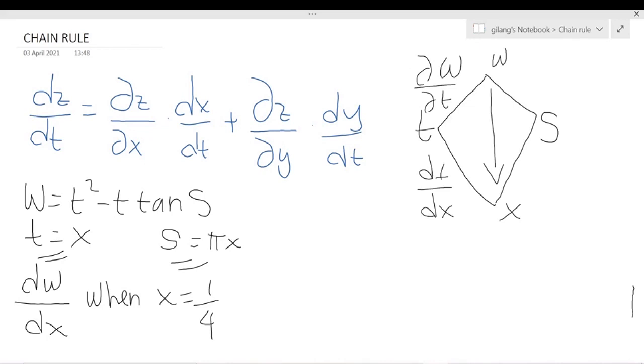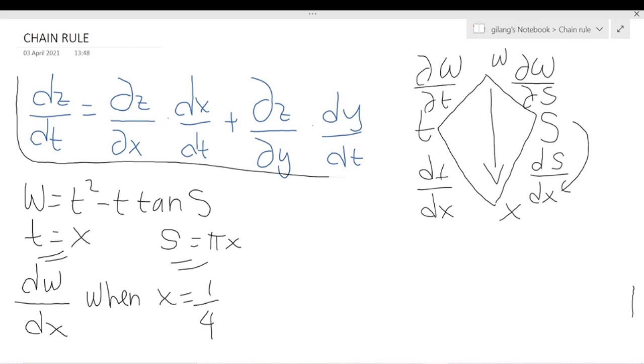Likewise on the right side, from w to s we use the partial derivative of w over s, and from s to x we use ds over dx. So it equals this theorem.